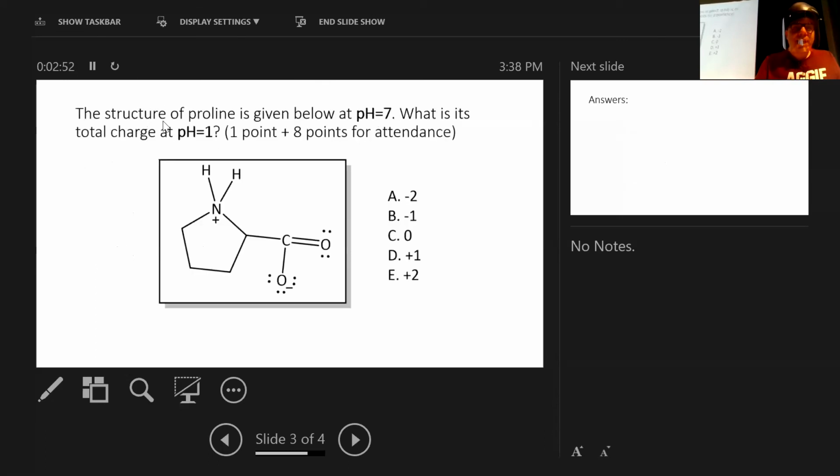And last but not least, there's a particularly goofy amino acid. The structure of proline is given below at pH 7. What is its total charge at pH 1? I could totally have put that on the final exam.